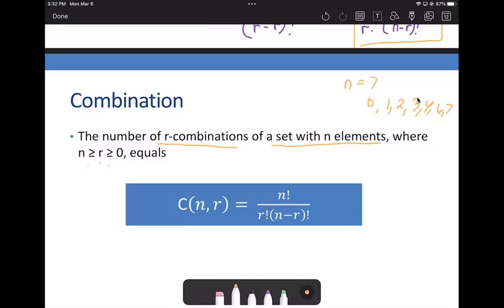So remember this part. So ano lang yung difference ng formula ng combination sa formula ng permutation? So anyone, can you spot the difference? Anyone? Ano yung difference?